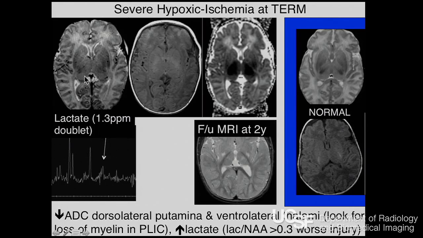It's hard to identify that, so you can look at your diffusion weighted images, which show reduced diffusion in the thalamus and in the dorsolateral putamen. At term, if you do a spectroscopy, you'll see that there's a lactate doublet in these cases. When the lactate to NAA ratio is greater than 0.3, it's associated with a worse outcome. If you do a follow-up MR, you'll basically see gliosis in the ventrolateral thalamus and the dorsolateral putamen.